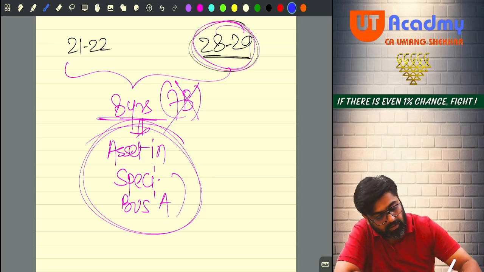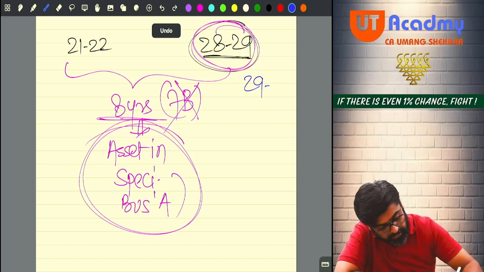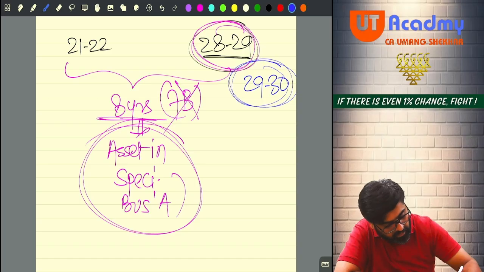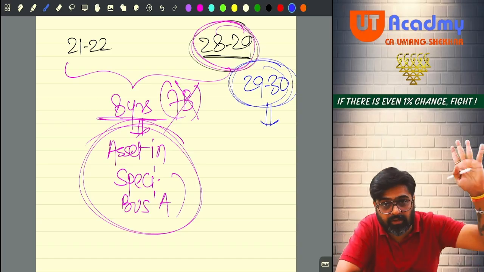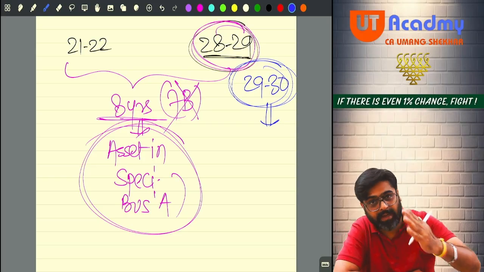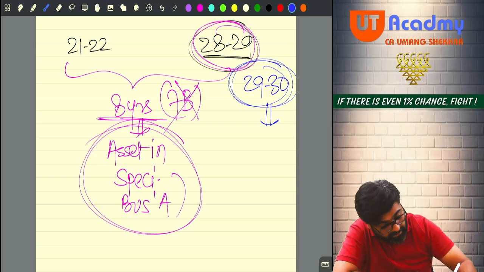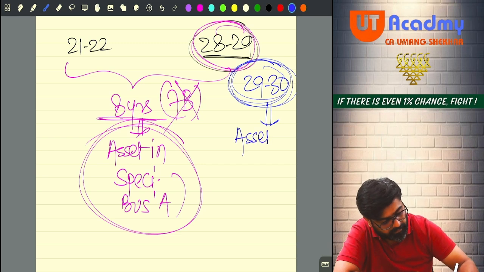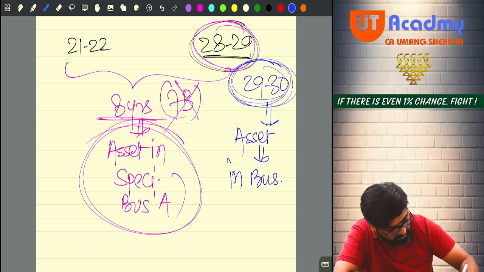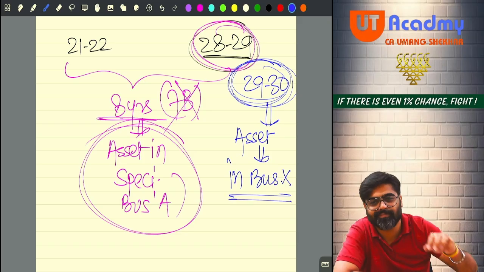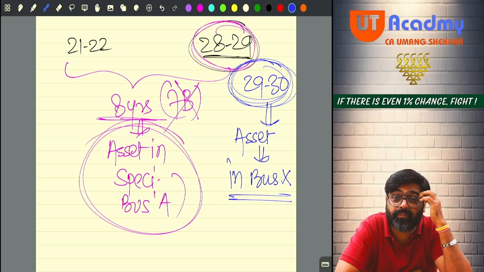Sure? Now, till 28-29 it was used. Now what is happening in 29-30? In this year, meaning after 8 years are over, the asset started being used in business X. Possible or not?